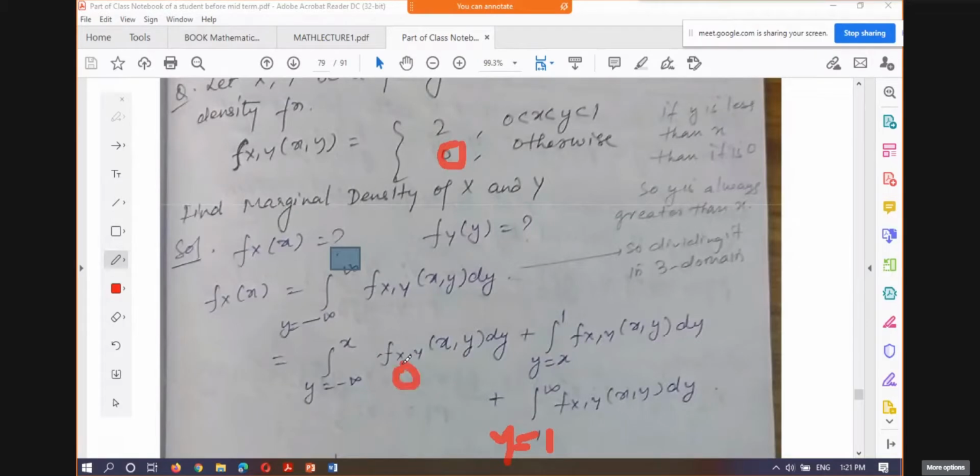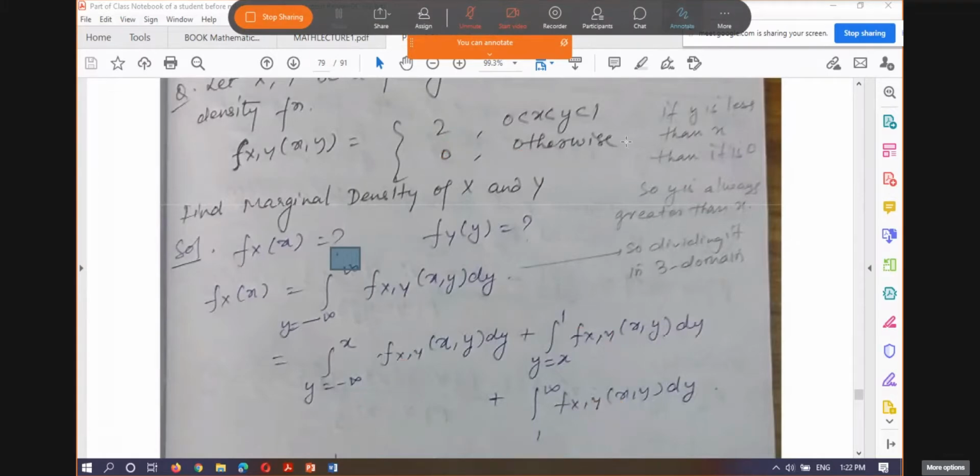Then for x to 1, if your y lies greater than x and less than 1, the value of this function is 2, so here you write 2. Now when y is greater than 1, it again goes to the otherwise case, so this part is also 0. So only in this domain do we have the value of f of x, y as 2.